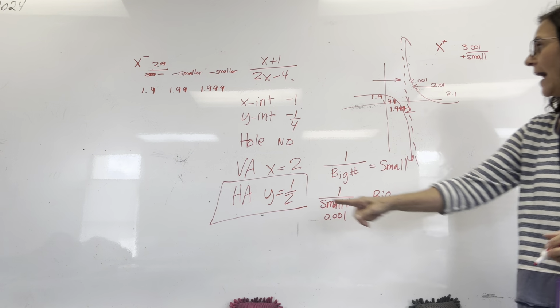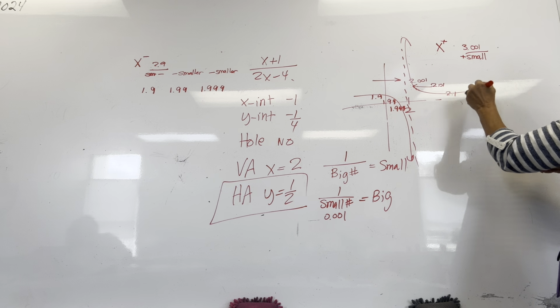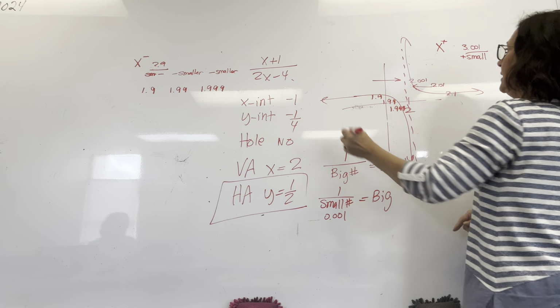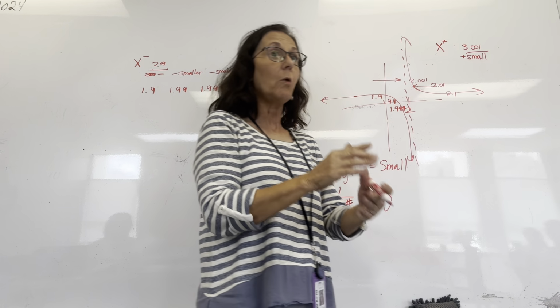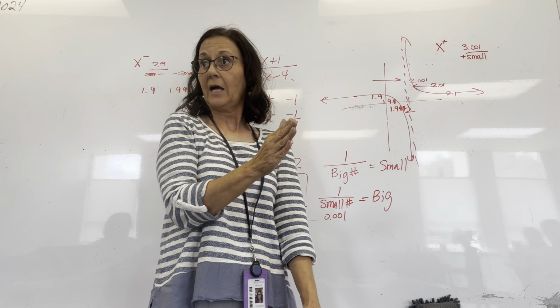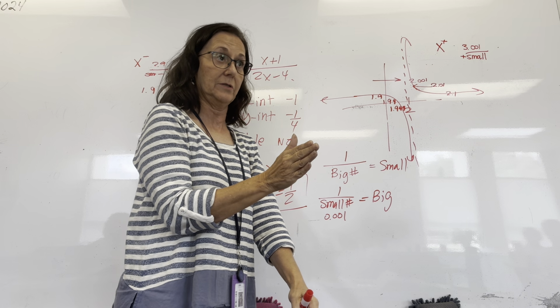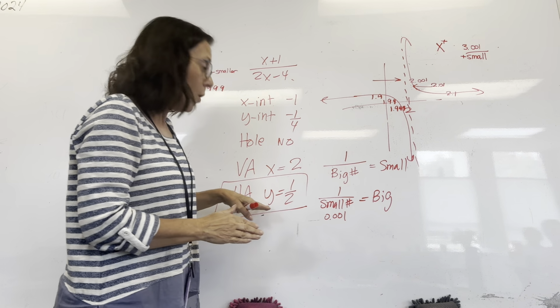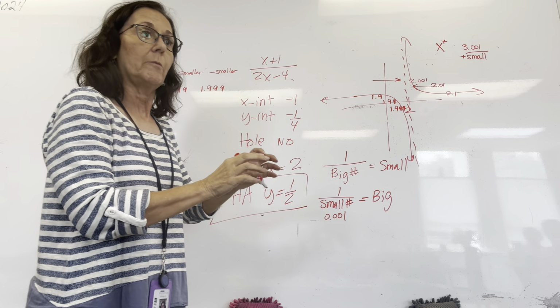Now, this horizontal asymptote, whereas the big little concept tells me what happens around that vertical asymptote. Got it? My horizontal asymptote, I'm going to back up and say one more thing.